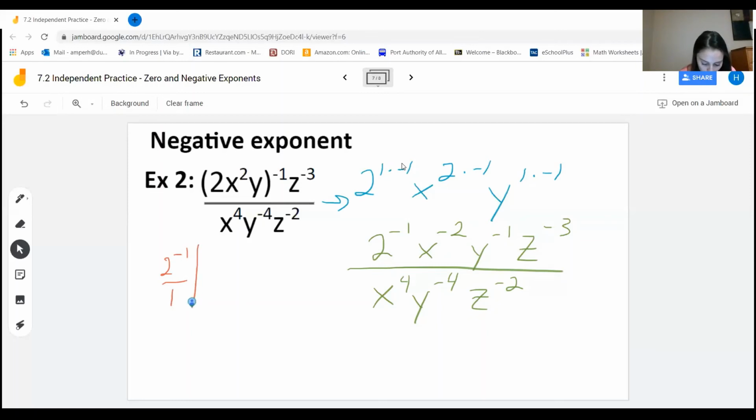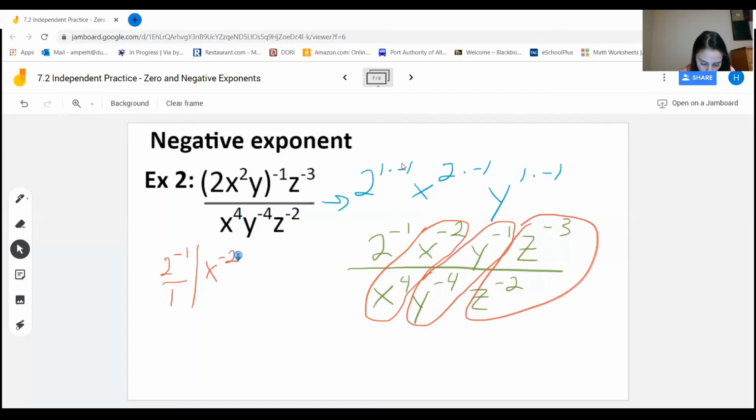And now we have the x terms: x to the negative 2 over x to the 4. The y terms, y to the negative 1 over y to the negative 4. And the z terms, z to the negative 3 divided by z to the negative 2.